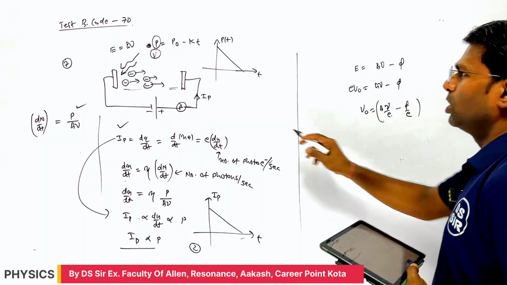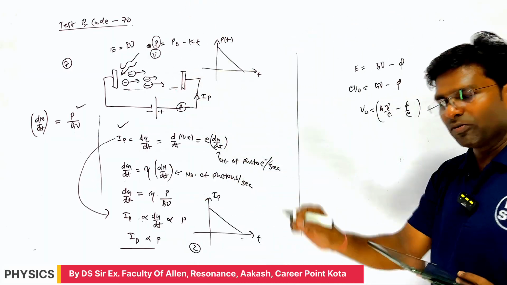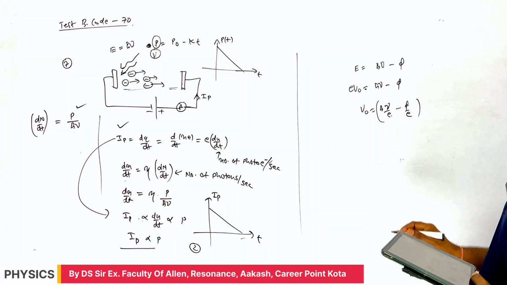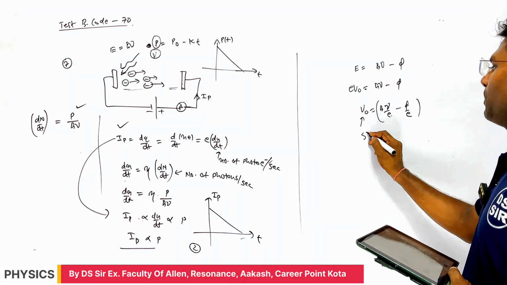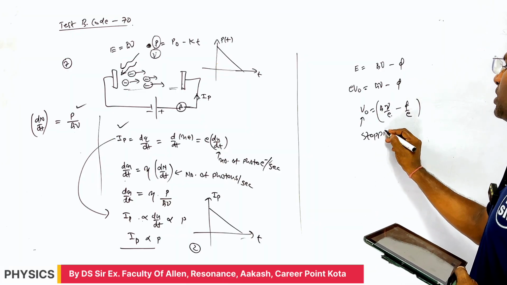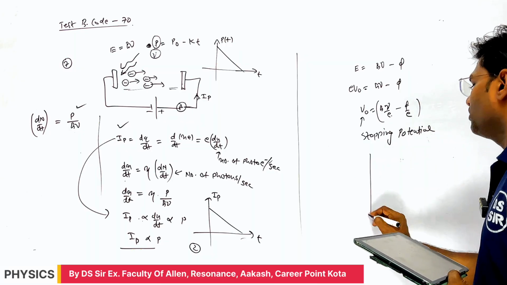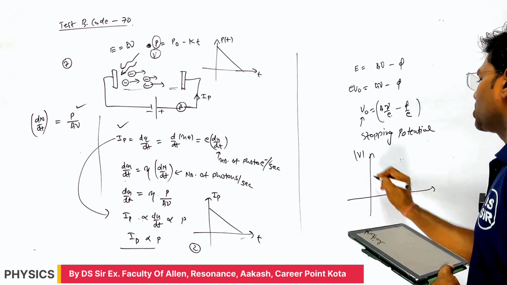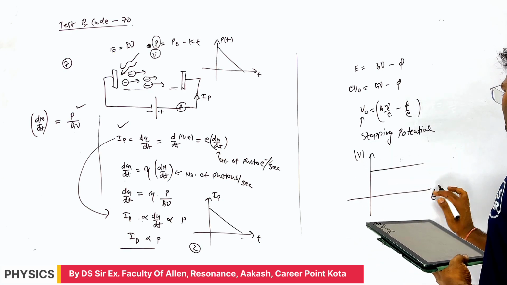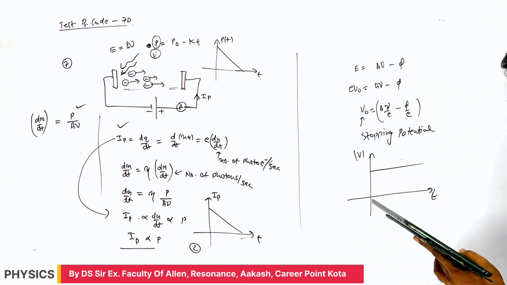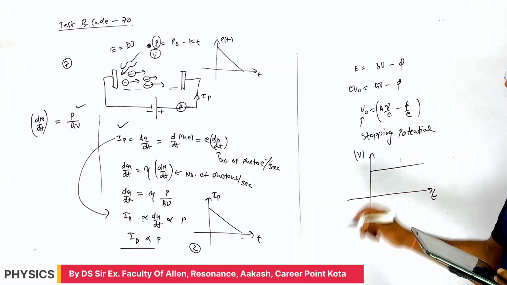Listen one thing, if you are decreasing the power but the frequency of the light is constant, this stopping potential is not changing with time. So if you make the graph between the stopping potential and time, the graph will be a straight line. So definitely the second answer is the correct answer.